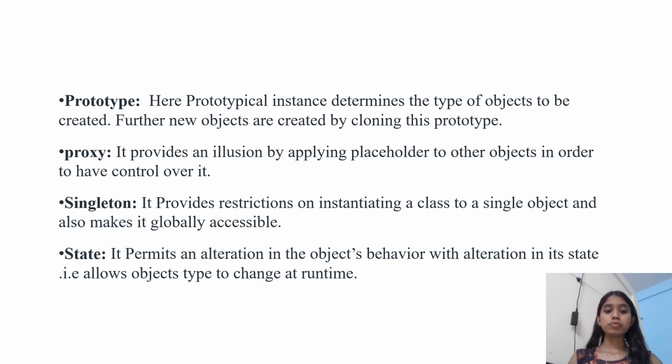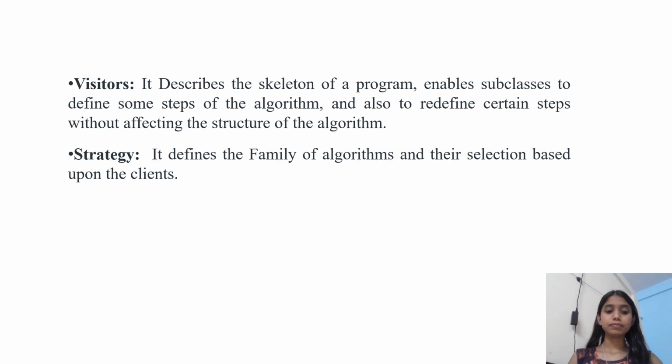State is the one which permits an alteration in an object's behavior with alteration in its state, i.e. it allows the objects to change their behavior at runtime. Template method. It describes the skeleton of a program, enables the subclasses to define some steps of an algorithm and also to redefine certain steps without affecting the structure of the algorithm. Strategy. Strategy is the one which defines the family of algorithms and also their selection based upon the clients.